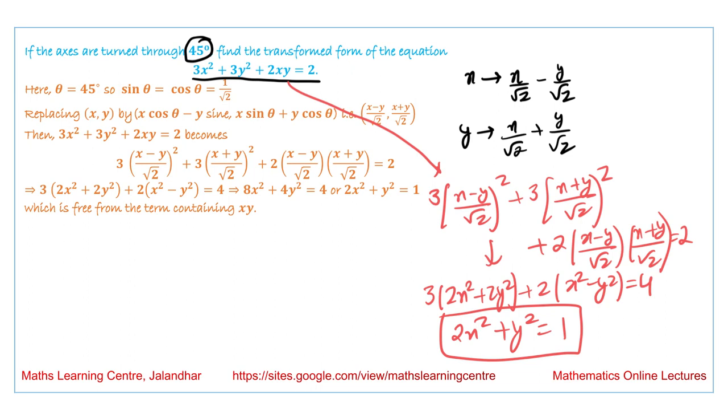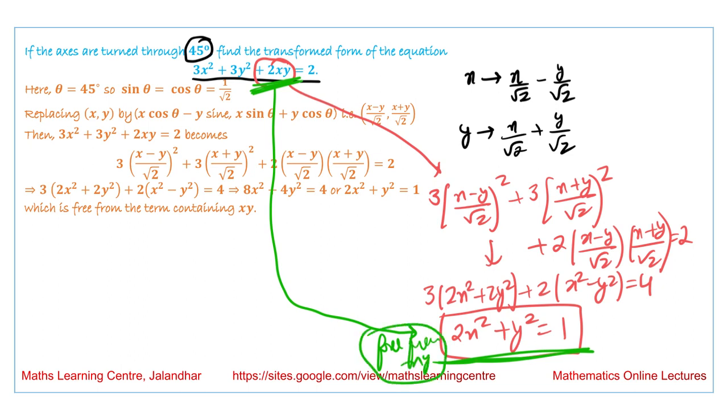It is important to note that the given equation contains the term x into y. We have rotated the axis, and the new equation we have obtained is free from x into y. So, if we rotate the axis by 45 degrees, the equation is free from x into y. We can look at this situation in this form.